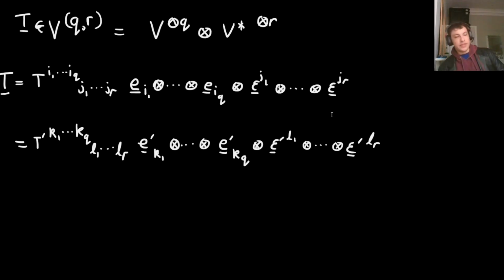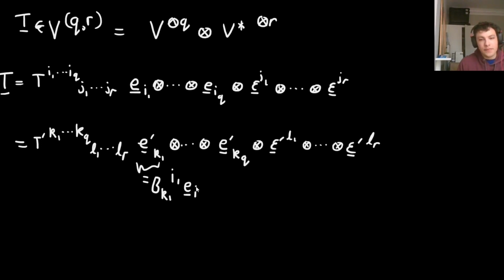Now what we can do is expand out each of these new basis vectors one at a time. So we know that e prime K1 is equal to B^{I1}_{K1} e_{I1}. And we know that these ones are B^{L1}_{J1} times the old epsilon J1, and so on.